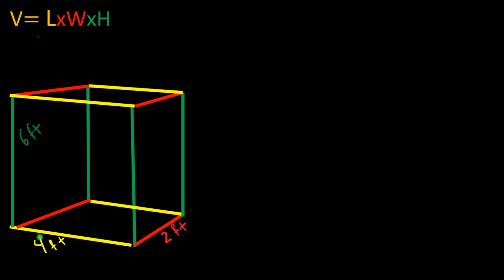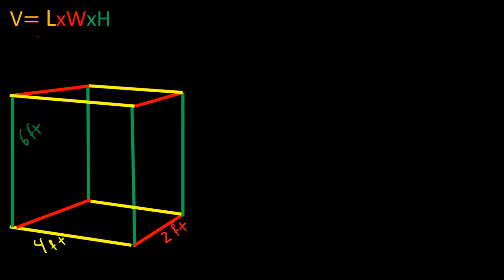In this example, we have a length of 4 feet, a width of 2 feet, and a height of 6 feet. Go ahead and try to calculate the volume of this box. Keep in mind, volume equals length times width times height. Alrighty, in case you guessed it, we're going to do length times width times height.